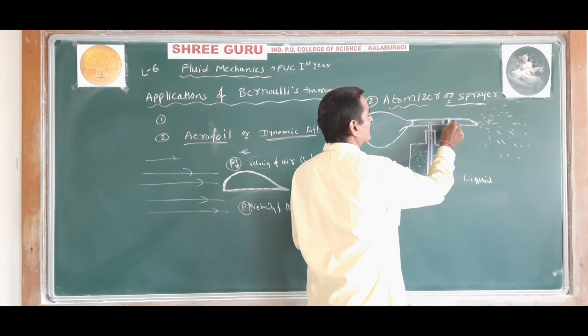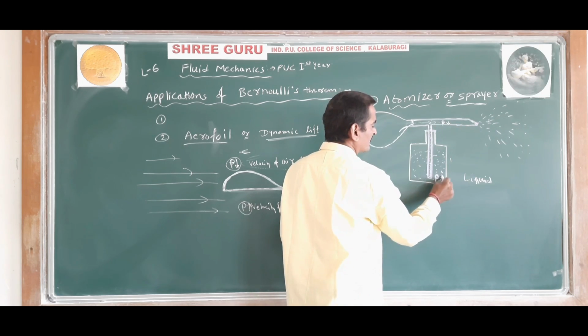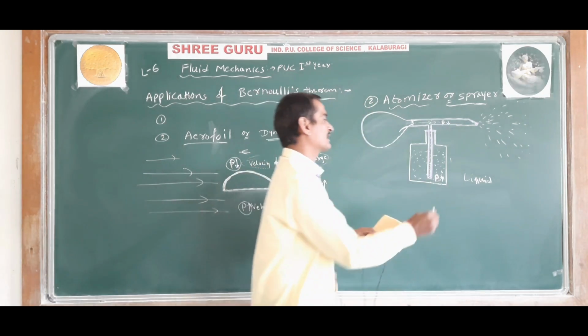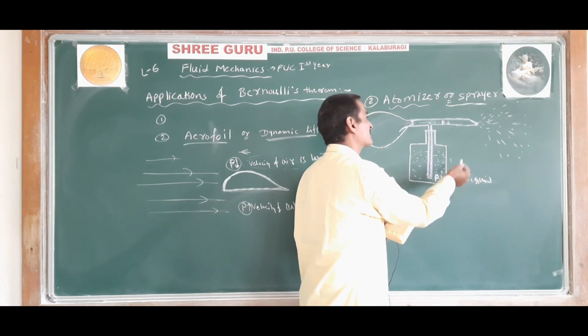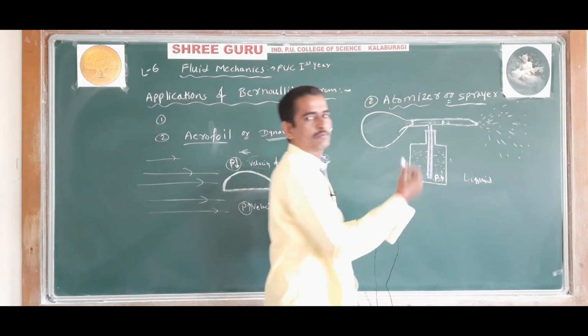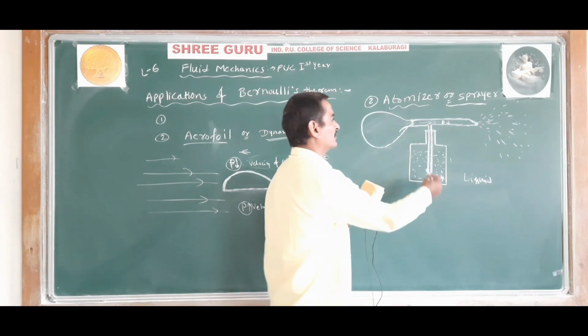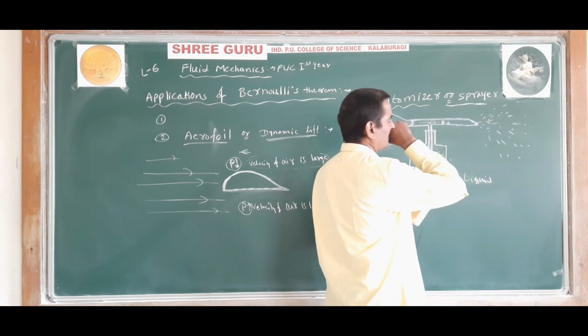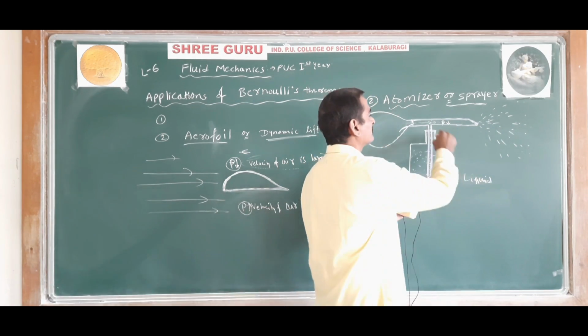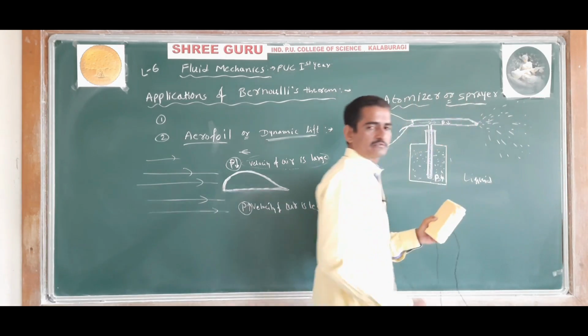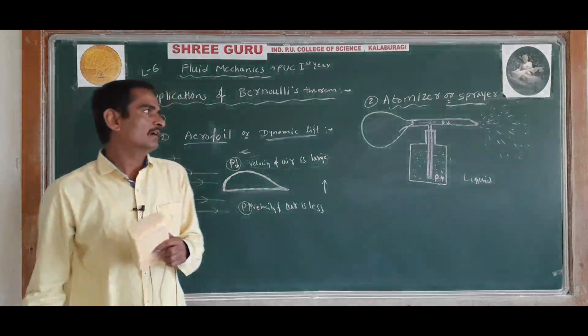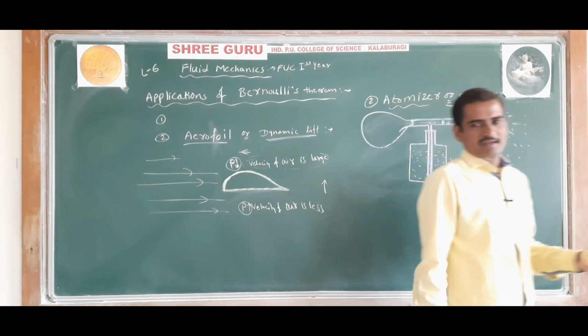So the pressure at this point will be less and pressure at this point will be more. Therefore the liquid will move from higher pressure region to lower pressure region, that is, the liquid will move upward in the vertical tube, and then it gets mixed with the air and spreads into small droplets. So this is the working of atomizer or sprayer.